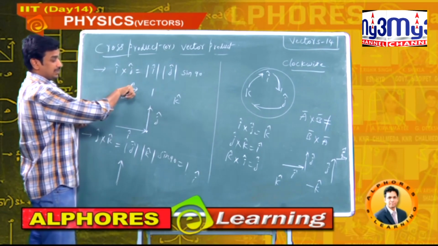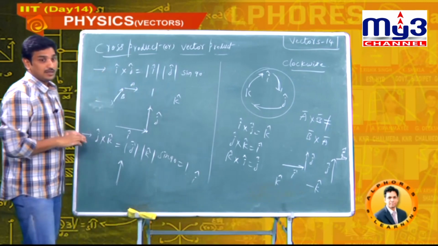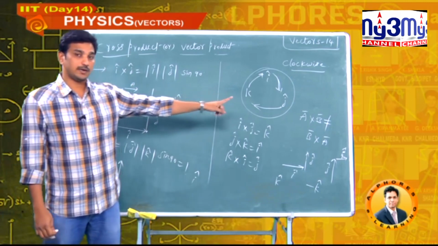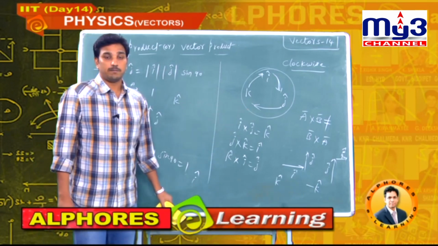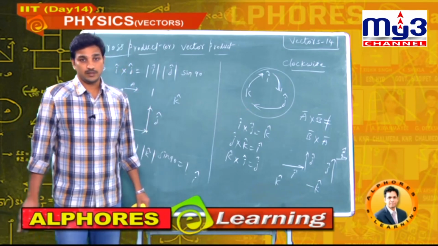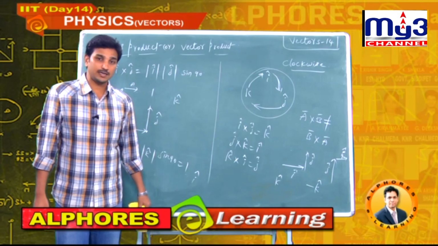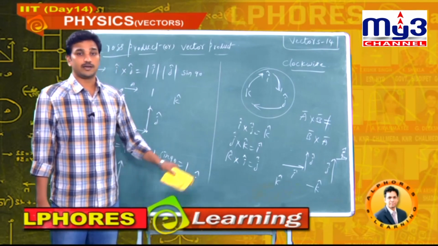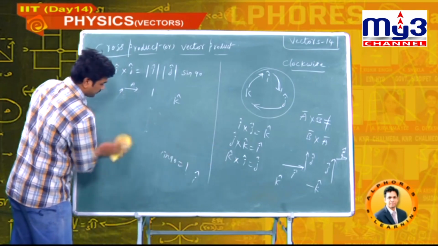B cross a is inside, previously outside. Those two are negatively equal. But in the case of dot product, a dot b and b dot a are directly equal. In cross product, they are negatively equal. Very important point.